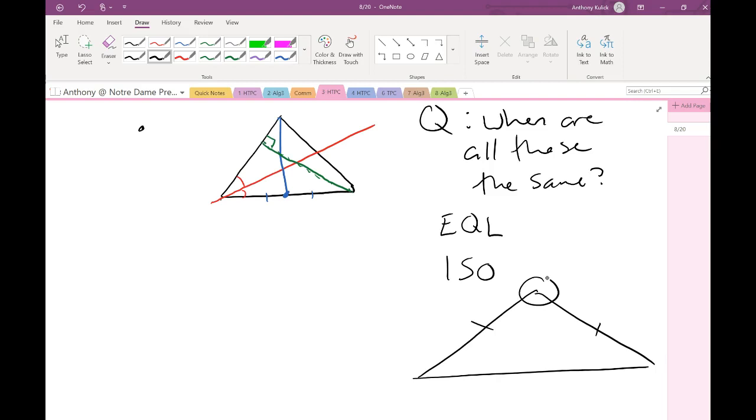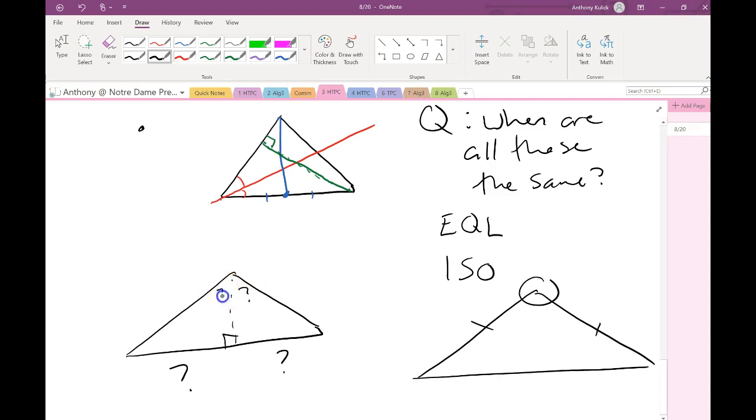All the other situations are not going to be the same, which makes subdividing a non-right triangle into two right triangles very difficult. If I try to do that here, the problem is I don't know how long those two separate segments are, because that altitude doesn't bisect that side.